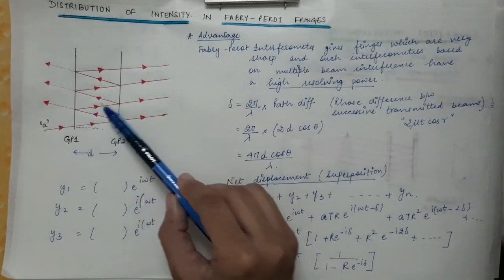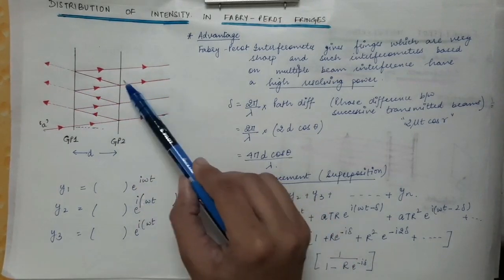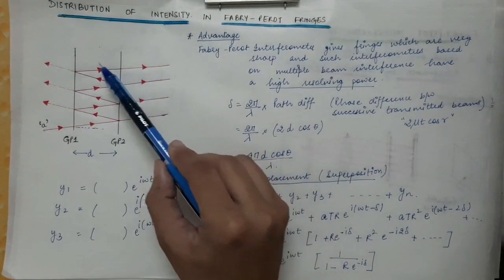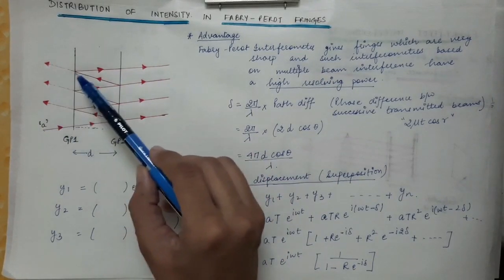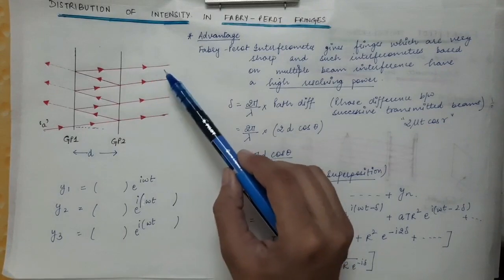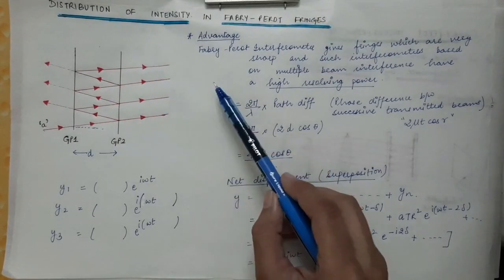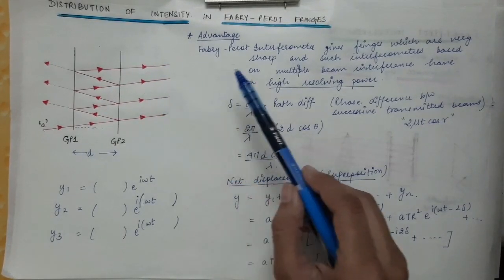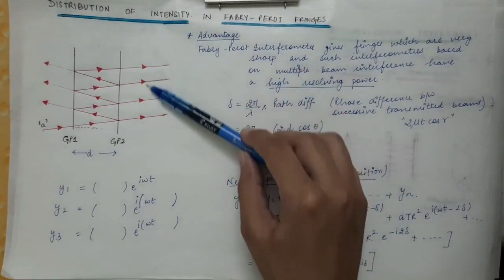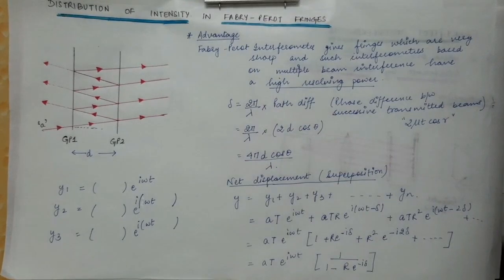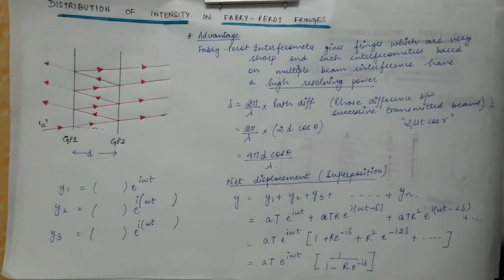There will be multiple reflections and there will be transmission for every reflected ray. On the left hand side also we have shown transmitted rays, but only the transmitted rays on the right hand side are made to converge and fall on the screen. So only these transmitted rays on the right hand side are important to us.